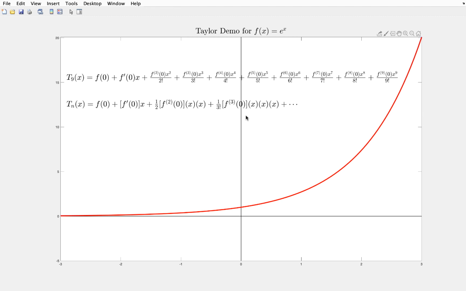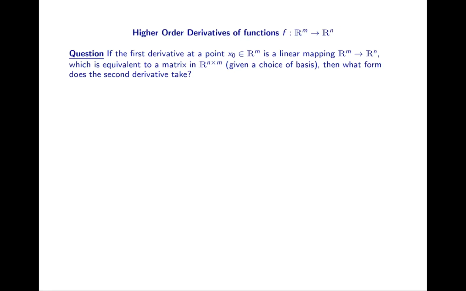So what does that look like? How do we do that? The key idea is that these derivatives, for example the kth derivative, somehow has to operate on a k product.